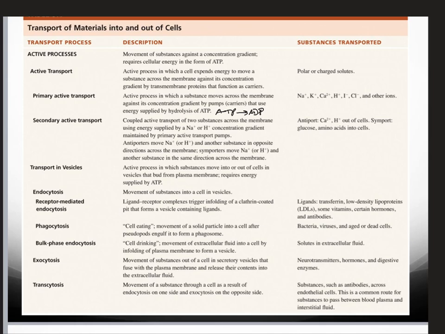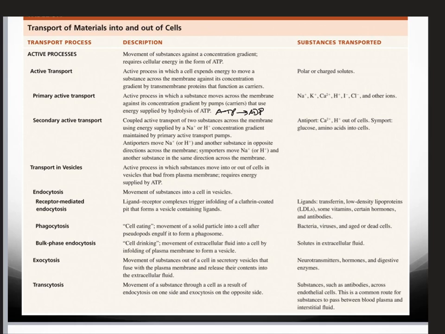Secondary active transport is the coupled active transport of two substances across the membrane using energy supplied by a sodium or hydrogen concentration gradient, maintained by primary active transport. So we deal with antiporters and symporters. Antiporters move sodium or hydrogen and other substances in opposite directions, hence anti, against, across the membrane.